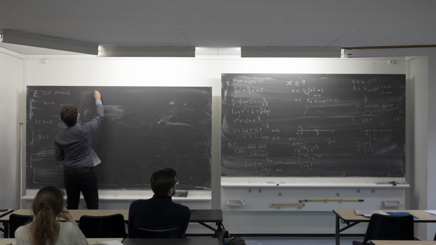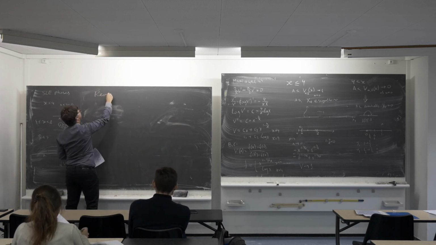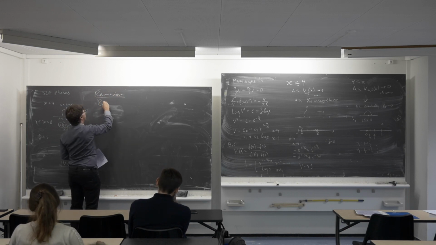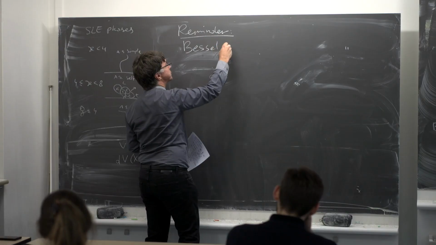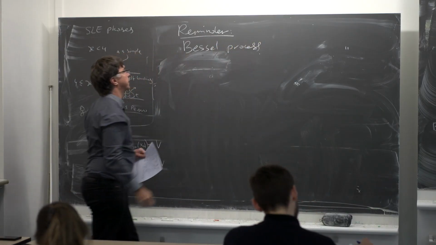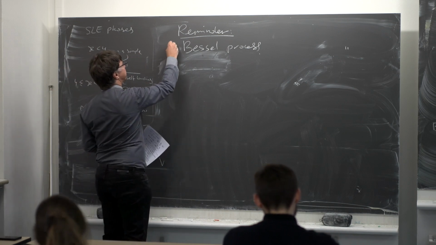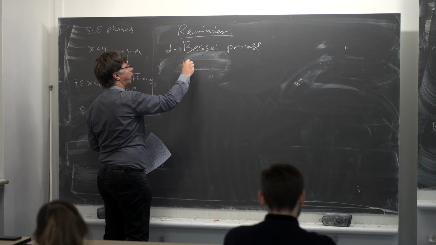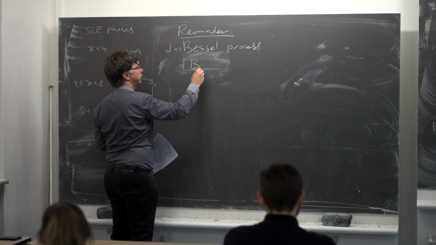Some small reminder. So what we're actually working with is called a Bessel process. A d-dimensional Bessel process is the absolute value of the Brownian motion in R^d.